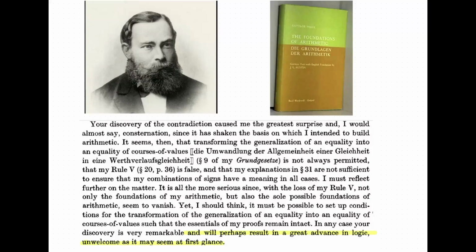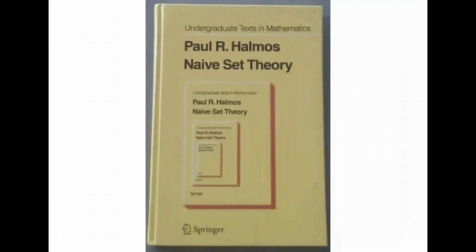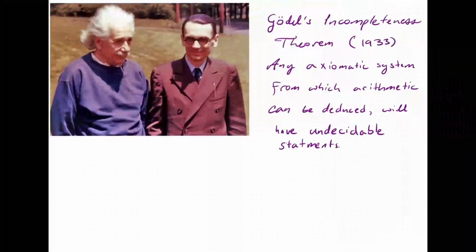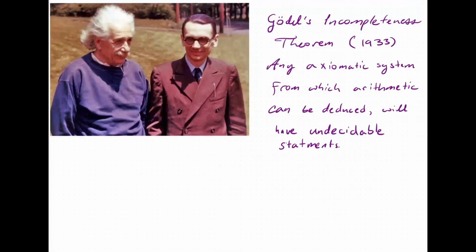And building on Russell's and Whitehead's work, Kurt Gödel in 1931 gave an answer that flew in the face of what mathematicians had hoped. Namely, he showed that any axiomatic system from which arithmetic can be deduced will have undecidable statements. That is, there are questions that we will never be able to prove or disprove.